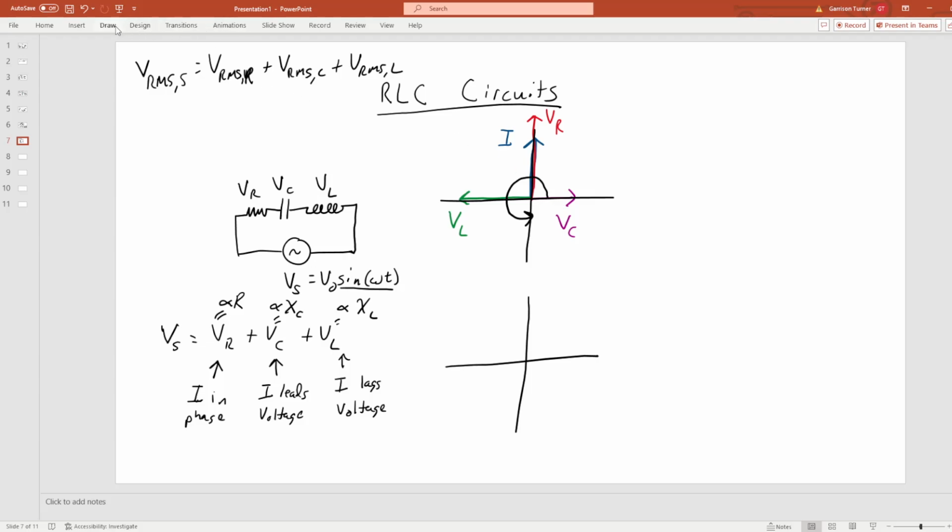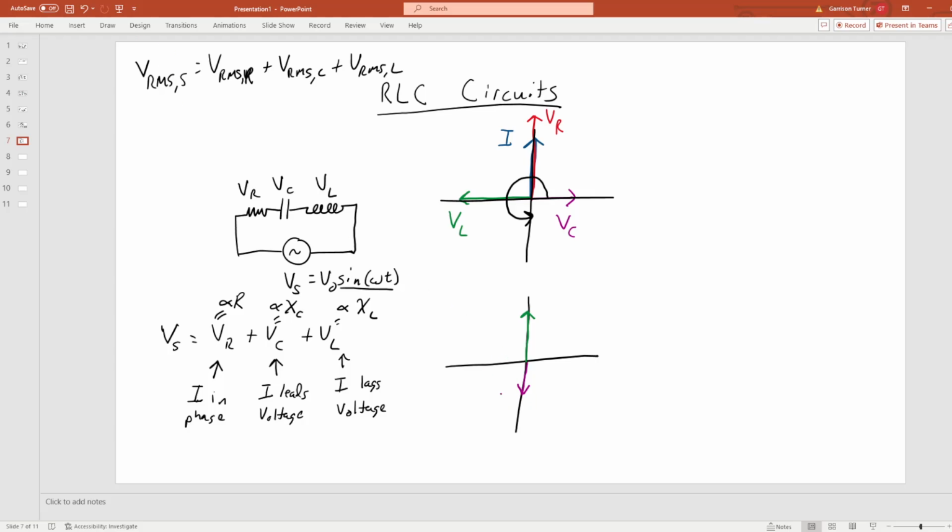then what we will have is our capacitive reactance down this way, and our inductive reactance pointed here. And I really should label this.